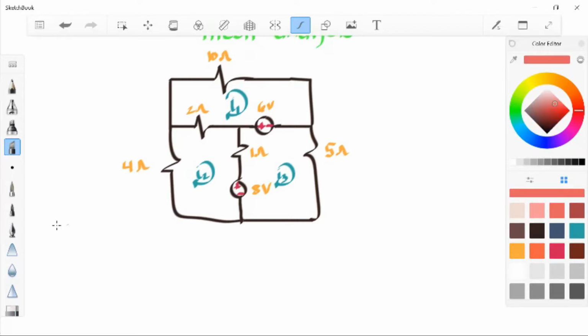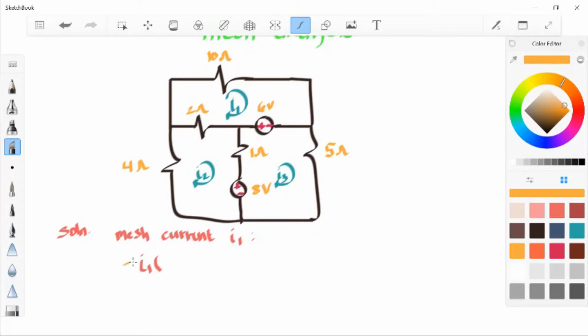So for the solution, mesh current I1. Let's write first I1, and let's gather all the resistors because they will always have the same sign, which is a voltage drop.